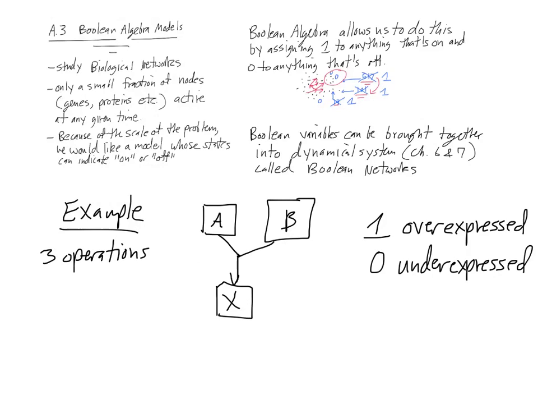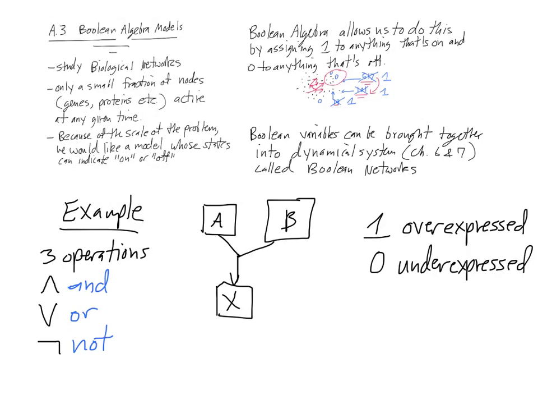In these models we can have and. So this is and. We also have or. And then we also have not, if we have the not symbol.